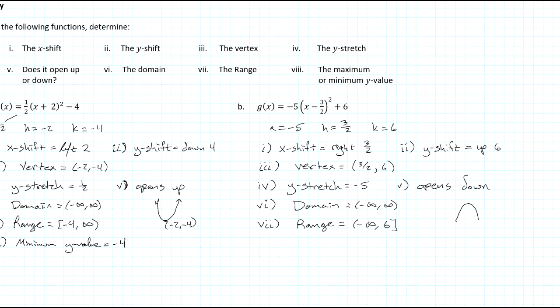Since this is opening down, this has a top value there, right? The y maximum, let's just write that as long as we're looking at this. The maximum y is 6, because that vertex is at 3/2, 6, and that 6 is the highest y value. So all the y values are between -infinity and positive 6.